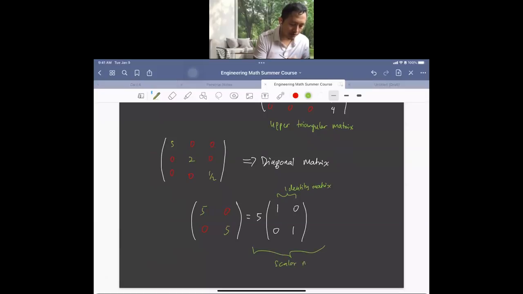And the whole thing here we can call the scalar matrix. The identity matrix is such that for whatever matrix you have, if you multiply with the identity, it will be just that matrix.